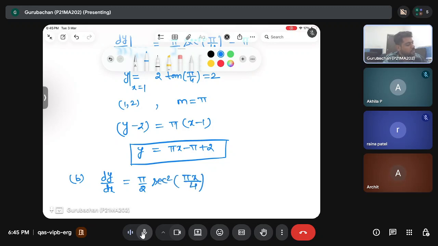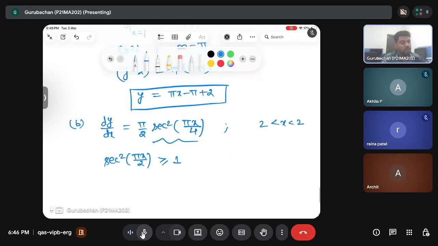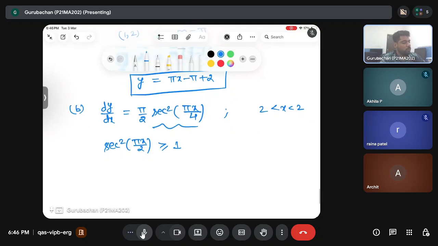And your interval is given minus 2 to 2. So you know that secant square pi x by 4 is always greater than or equal to 1. We have been asked what is the minimum value of this slope. So the minimum value will be 1 obviously.